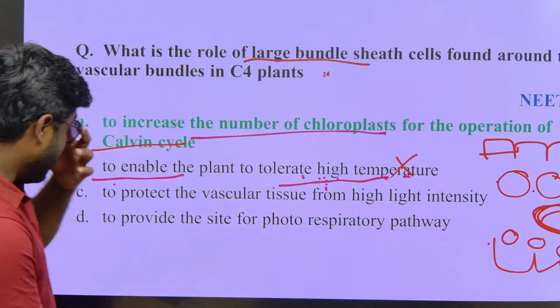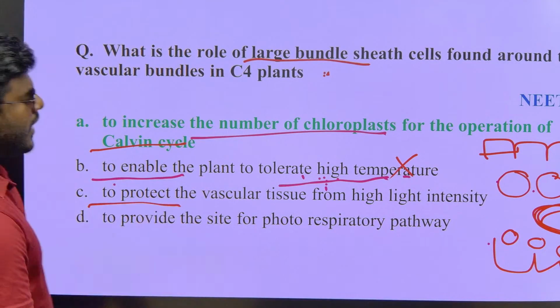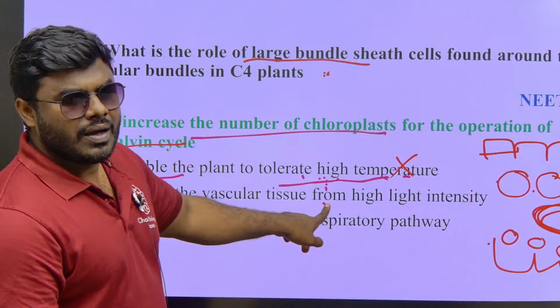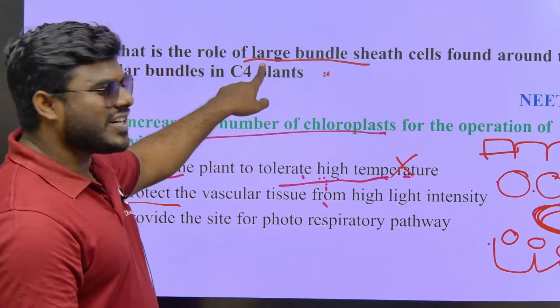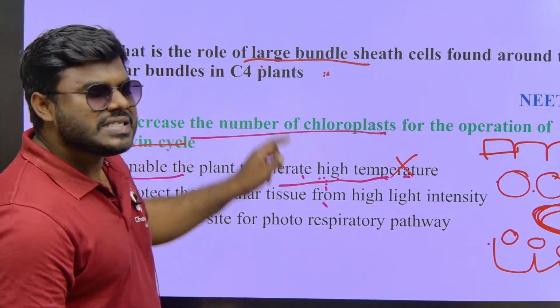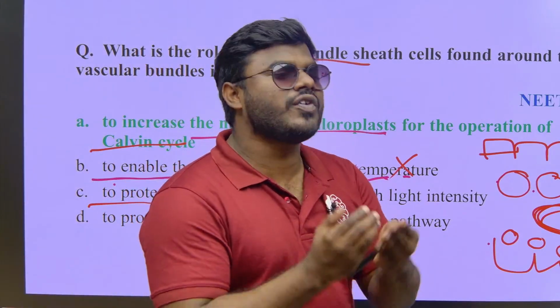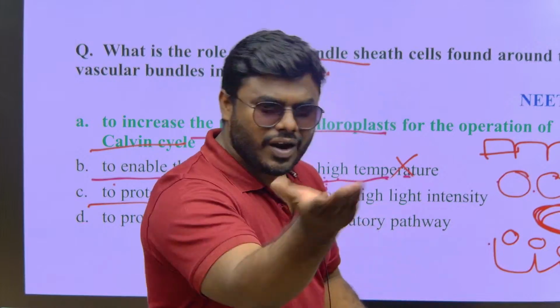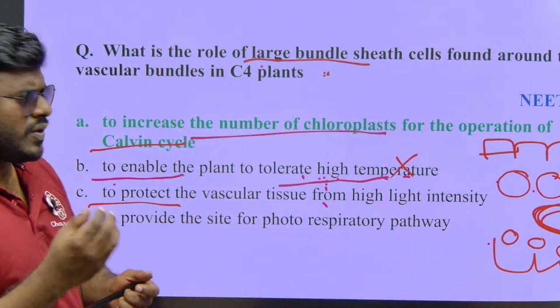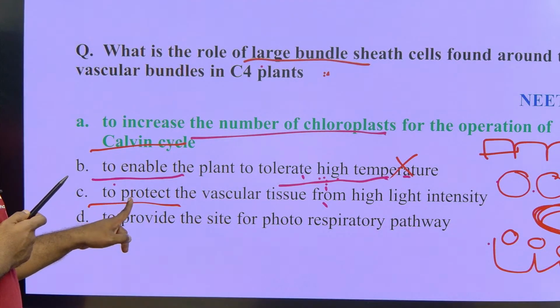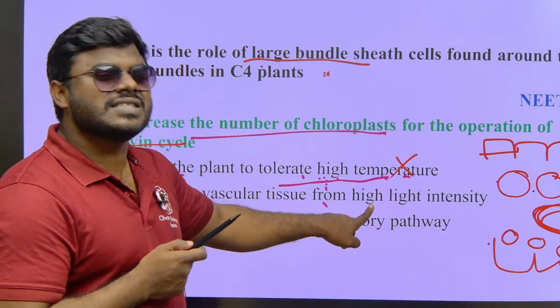Correct or not? Then, to protect the vascular tissues from damage, is that the function of this plant? No. See friends, whether it is a mesophyll cell or bundle sheath cell, they are required for photosynthesis. Now all of you think, yesterday only I explained it to you nicely. Which will protect the plant from high light intensity?